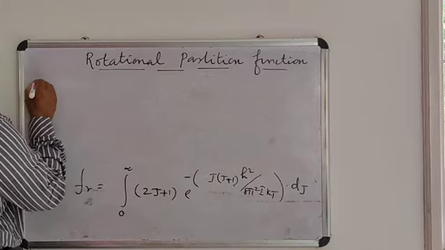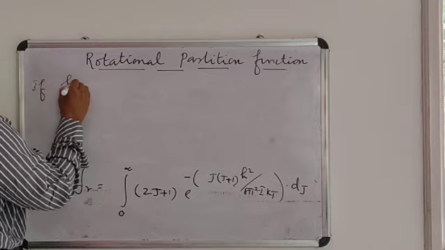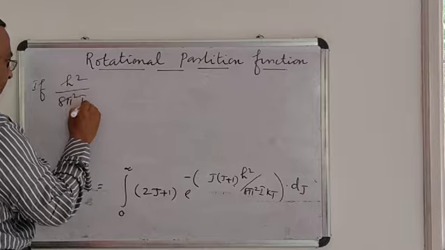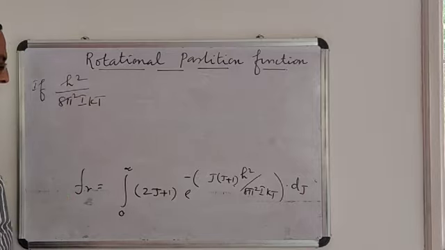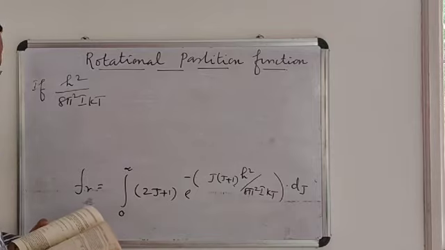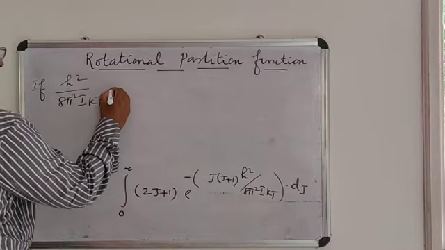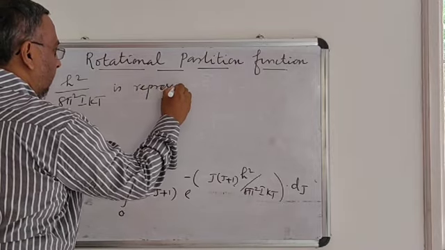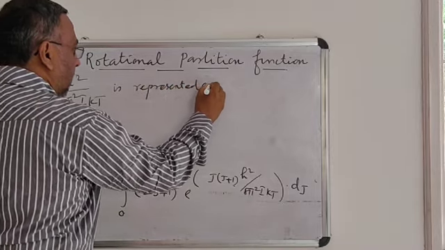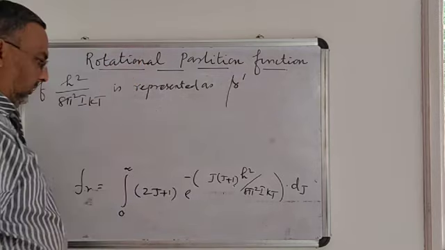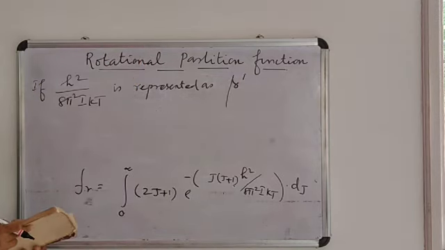Now, in this equation, h square divided by 8 pi square I kT, because all the values are constant for a particular energy level, is represented as beta dash.